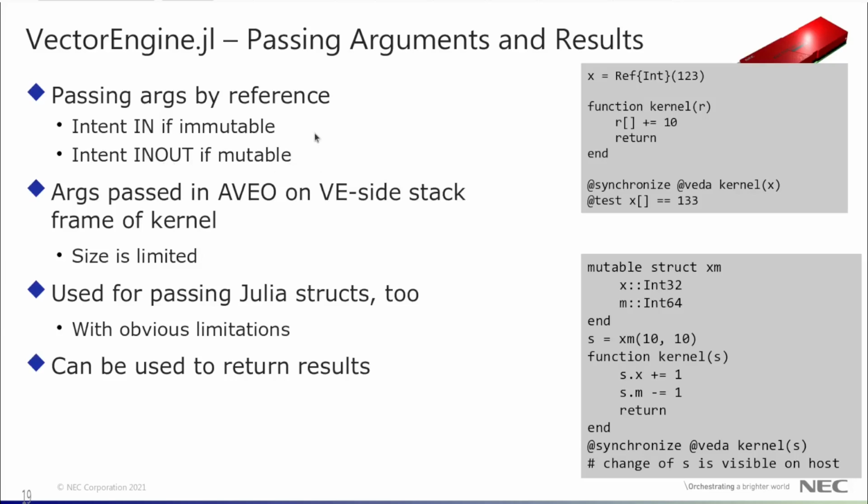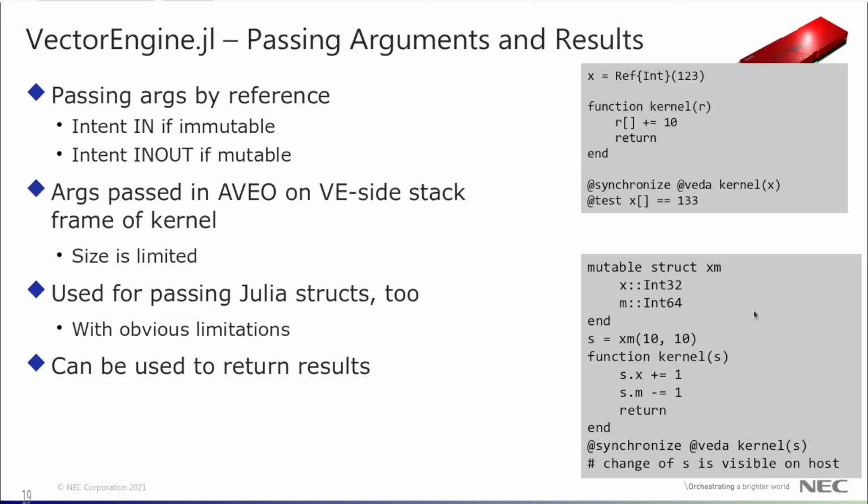That means that arguments passed by reference go just in one direction, just into the direction of the device, if the object is immutable, and are also passed and returned when the object is mutable. So this is what we can do for passing an argument.